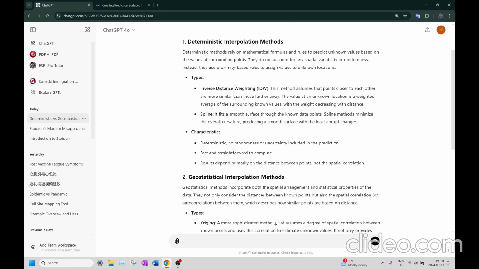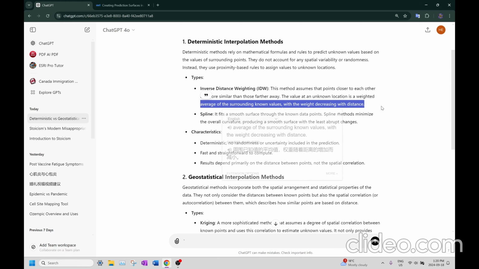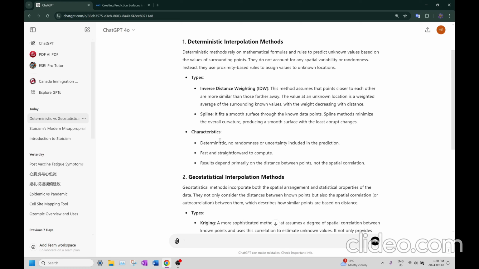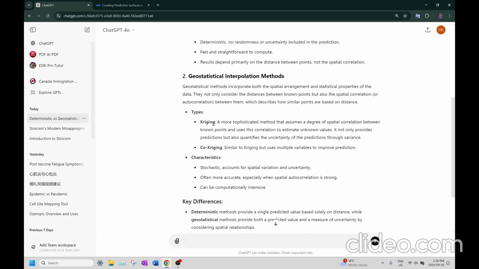For example, IDW and spline. IDW only assumes that the points closer to each other are more similar than those far away. The value at an unknown location is a weighted average of the surrounding known values, with the weight decreasing with distance. In the deterministic method, there's no randomness or uncertainty included in the prediction; it's straightforward and fast.